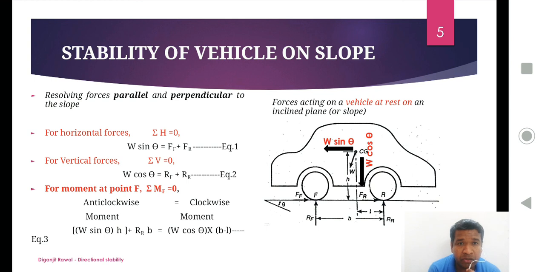For W sin theta the perpendicular distance from point F is H, and for RR the perpendicular distance to F is B. So the anticlockwise moment is W sin theta into H plus RR into B. For the clockwise moment, the force is W cos theta and the perpendicular distance is B minus L, so the moment is W cos theta into B minus L. We consider this as equation number 3.